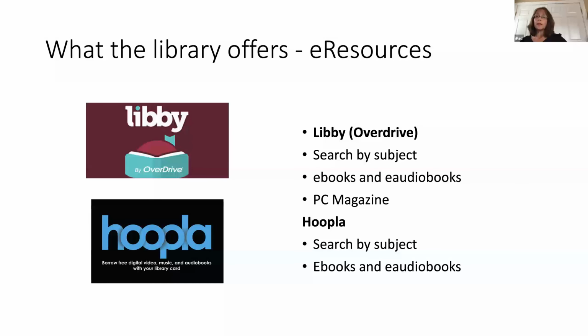If you don't have that account, we can easily help you set that up. Same goes for Hoopla. Hoopla is a streaming database that you can search by subject, and that also has ebooks and e-audiobooks. Once you get using them, both of these are really straightforward and easy to use. We've been really promoting them a lot during this whole pandemic because it's another way to get resources without stepping foot out of your house.